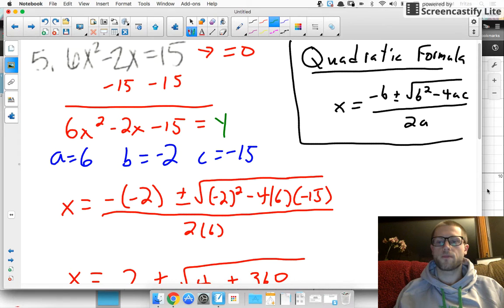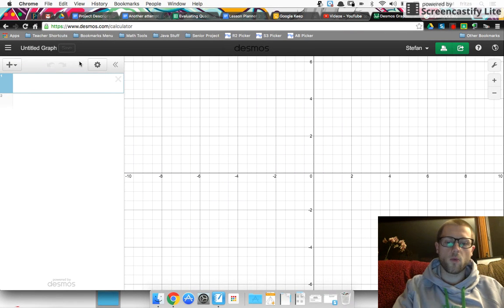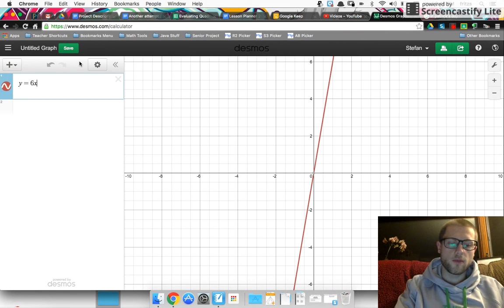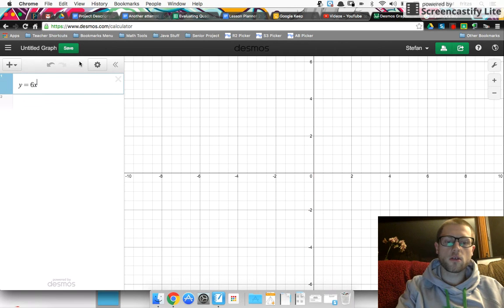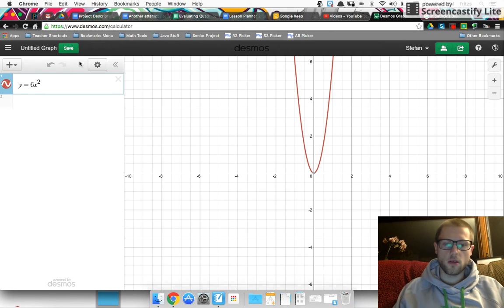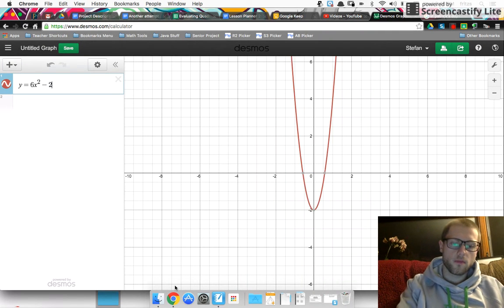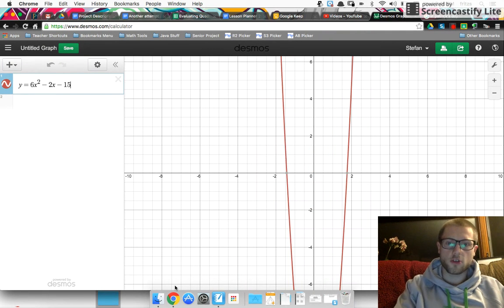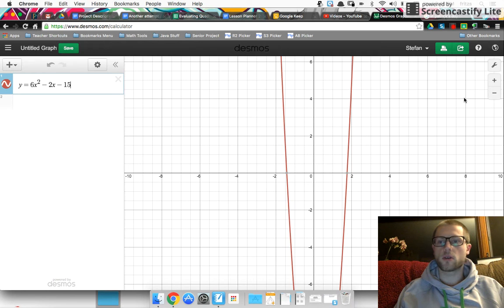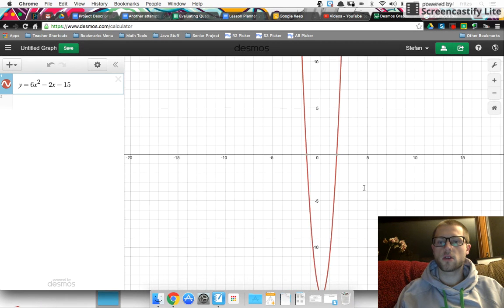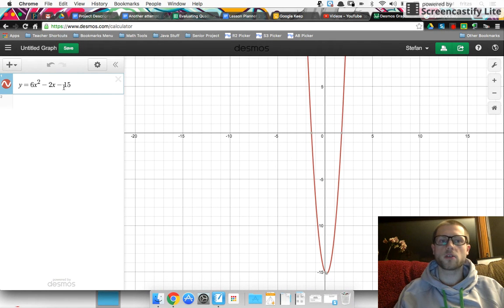So over here, I've got y equals 6x squared minus 2x minus 15. And sure enough, here is my parabola. We can zoom out, check that this thing actually is a parabola. It's concave up, it's narrower than the parent function, all those good things.